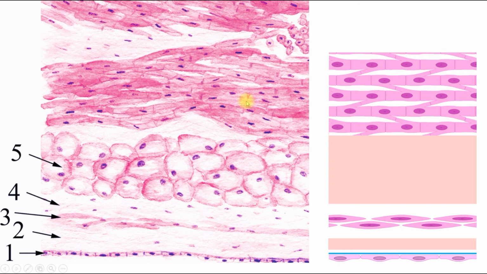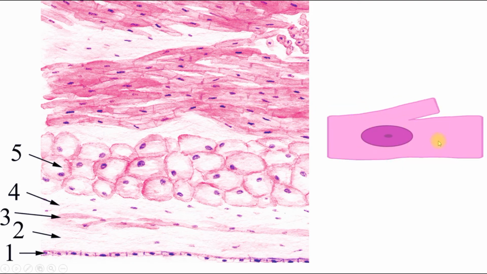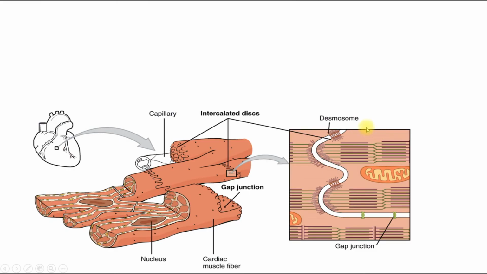It's cardiac muscular tissue, and it's composed of cardiac myocytes. Here we can see a cardiac myocyte, and it has a cylindric or elongated shape, but they usually are branched. They have intercalated discs which provide communication between neighboring cardiac myocytes.